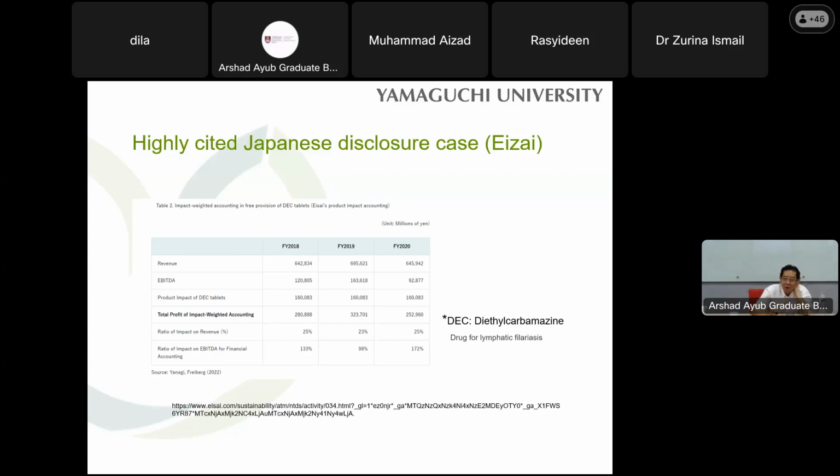And how their disclosure can be said to be a success: investors who are very cautious about ESG or SDGs decided on more investment in this particular company.